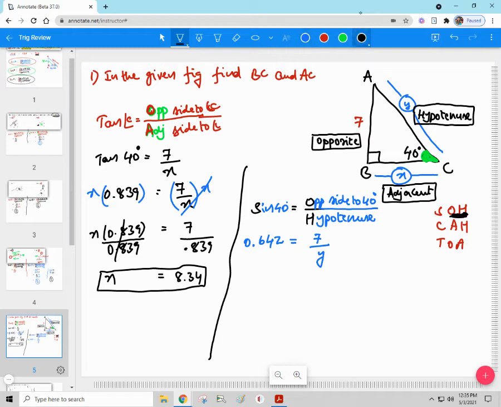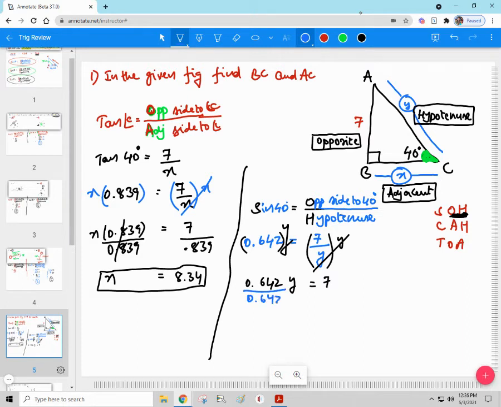Just like the previous question, we multiply by y on both sides. So 0.642 y equals 7. You know how to isolate the variable.